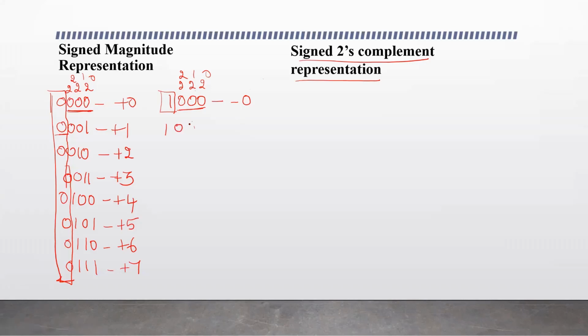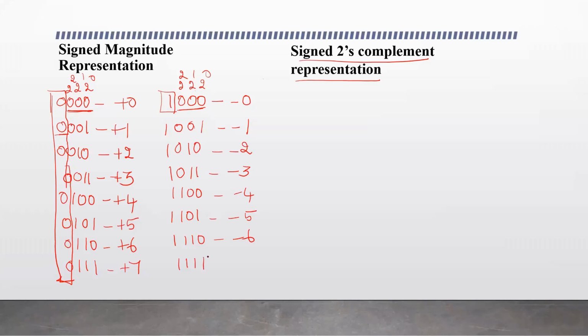The next pattern: 1 0 0 1 is minus 1. 1 0 1 0 is minus 2. 1 0 1 1 is minus 3. 1 1 0 0 is minus 4. 1 1 0 1 is minus 5. 1 1 1 0 is minus 6. 1 1 1 1 is minus 7.